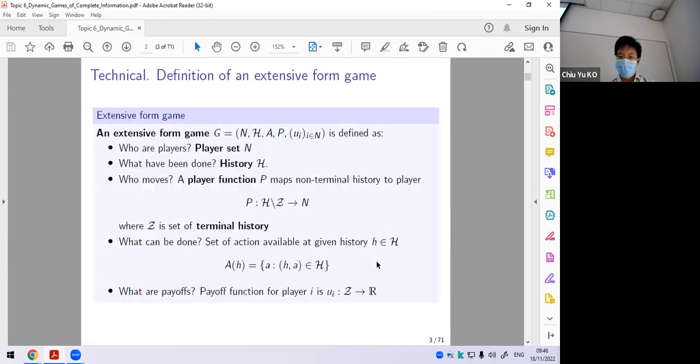so I think we talked about how to define an extensive form game, and do note that although this is a formal way to write this thing, you never write in this way in your paper, right? So basically what you are going to do is a verbal description, and that means you have to be very careful.